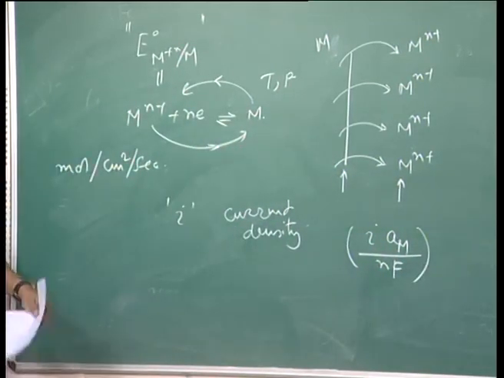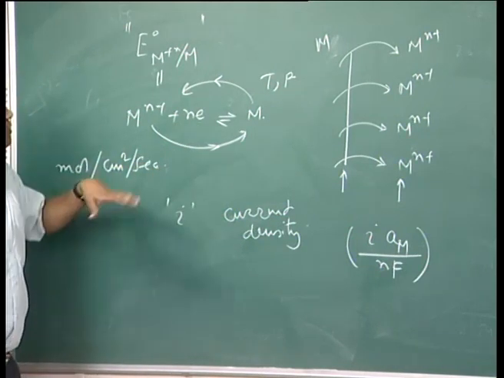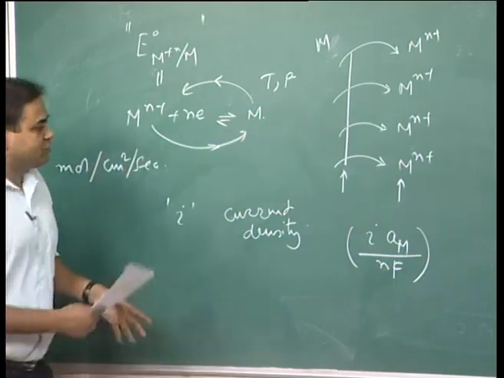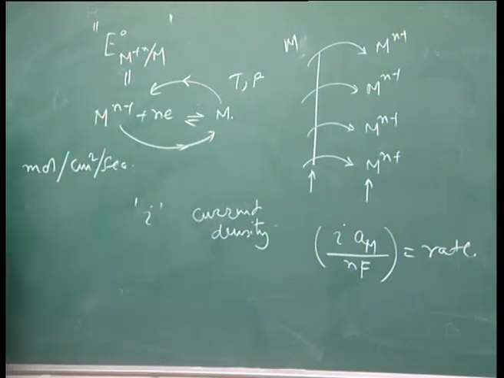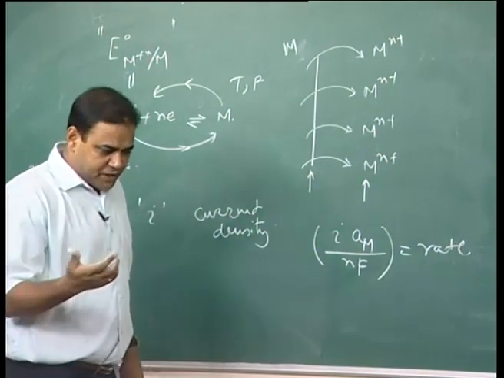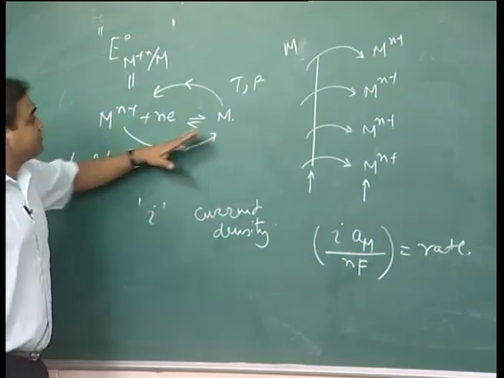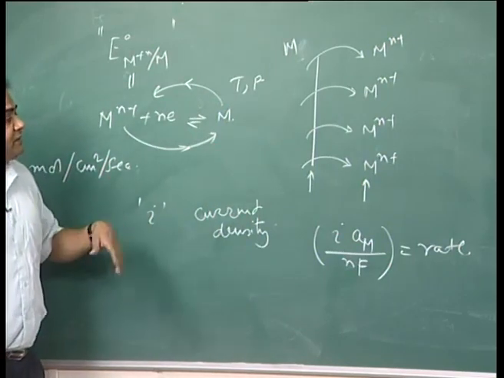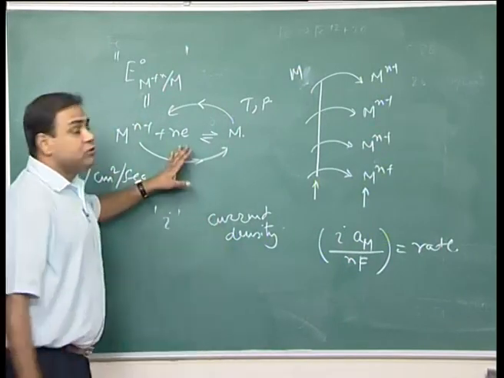At the same time, when it is at equilibrium, this is my actual rate in terms of weight or mass loss per unit area per unit time if metal is forming metal ion. If metal ion is forming metal, which is nothing but the reduction process, the rate at which the metal ion is depositing, both are the same at equilibrium.